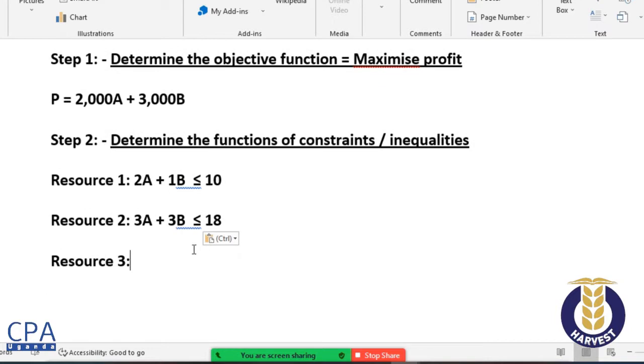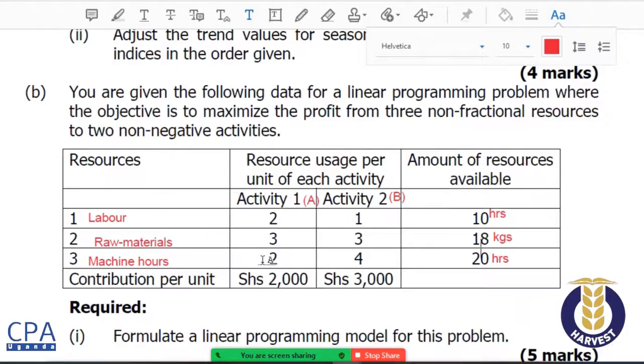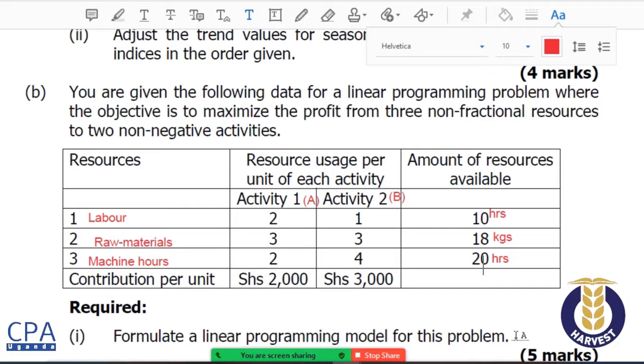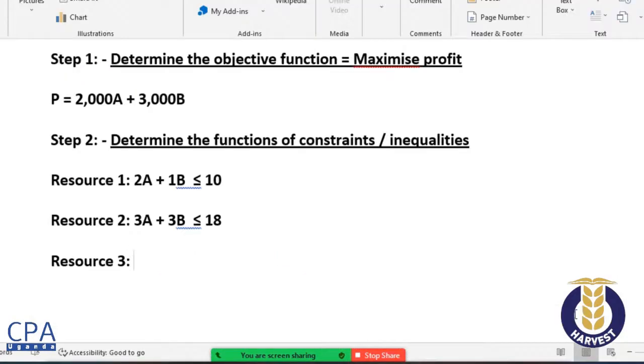Then when it comes to resource number 3, we have 2 on A, 4 on B, and the maximum is 20. So that is 2A plus 4B, less than or equal to 20.